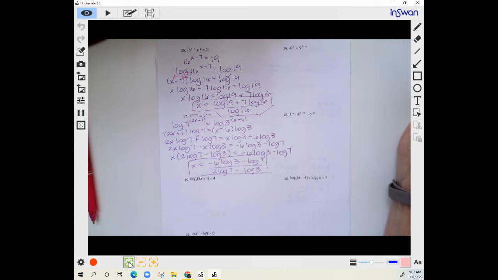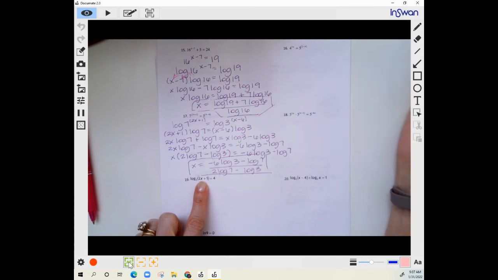So one thing you have to remember about logarithmic equations is that there's some rules surrounding logarithms. The base of the log has to be positive, and the number or the value next to the log has to be positive. So that means that when you solve a log equation, you can have an extraneous solution, meaning that you did everything right to solve, but it still does not satisfy the equation.